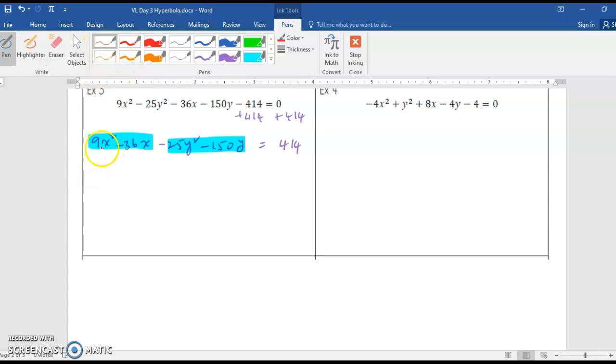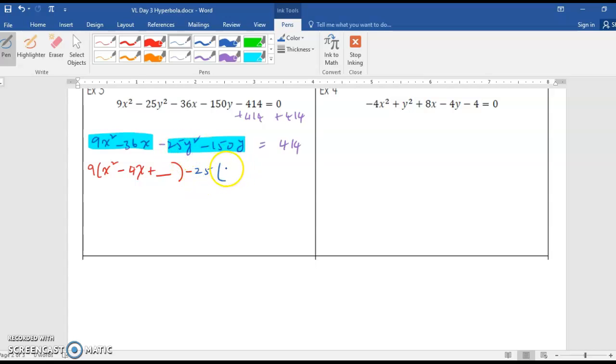Here 9 is what is going to be factored out. So whatever is on the x squared is going to be factored out. So x squared minus 36 over 9 is 4, meaning 9 times negative 4x is negative 36x. Don't forget the x plus blank. And for the second group, you are now taking the negative also out of each term, meaning you're factoring out negative 25.